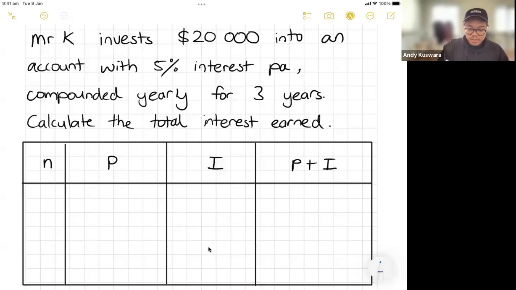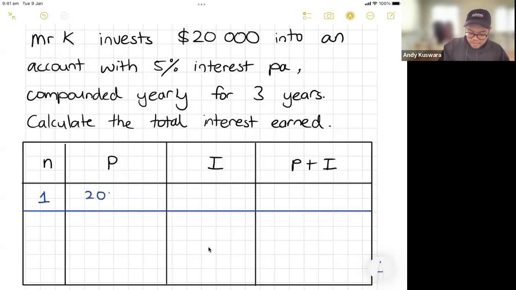Let me explain. Let's talk about if we're investing for 3 years, let's see what happens in the first year. In your first year, my principal is just a straight $20,000. Now, how do I calculate my interest? I equals PRN.